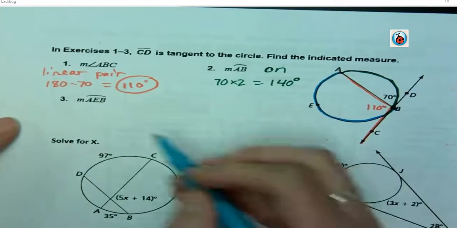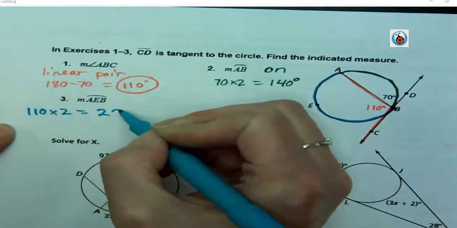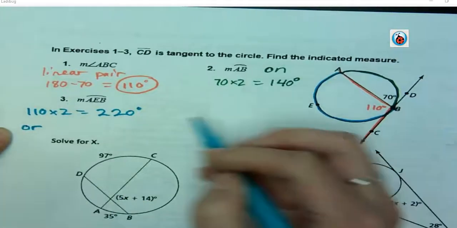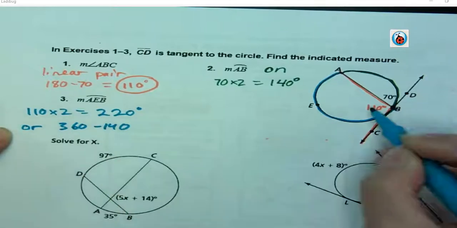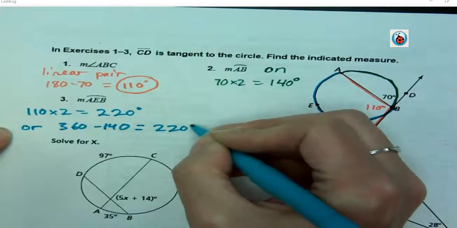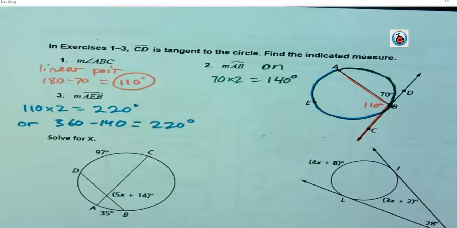So I can either do 110 times 2 to get 220. Or, since I have the 140, I can do 360 minus 140, just working with the outside degrees, which gives me that same 220 degrees. So you pick which way. Most of these problems have more than one way that you can solve them, as long as you know your rules.